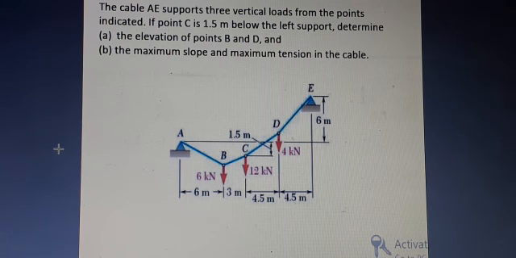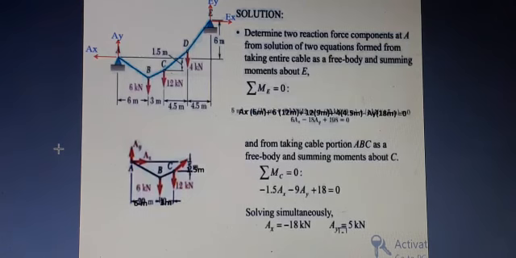Sag means the elevation of point C from the horizontal line passing through point A, which is 1.5 meter, and you have to calculate the sag at B and D. Then second, you also have to calculate the maximum tension in which portion of the cable and the maximum slope. Here the first step is followed, that is, draw the FBD of the cable.